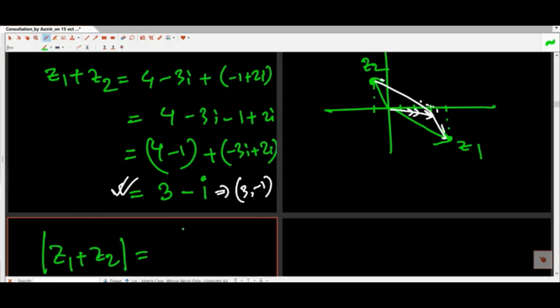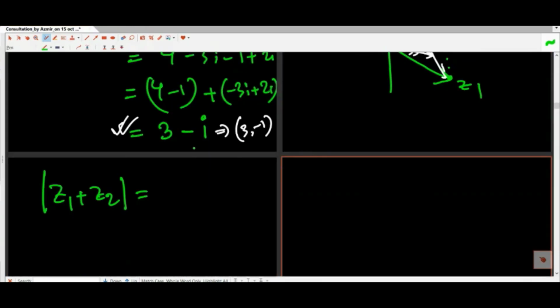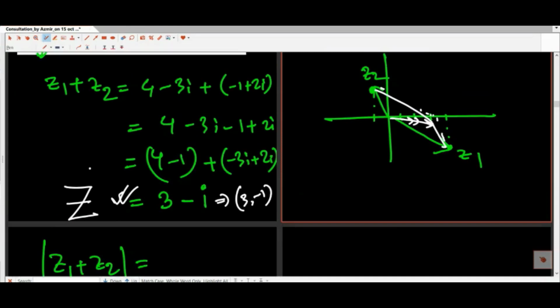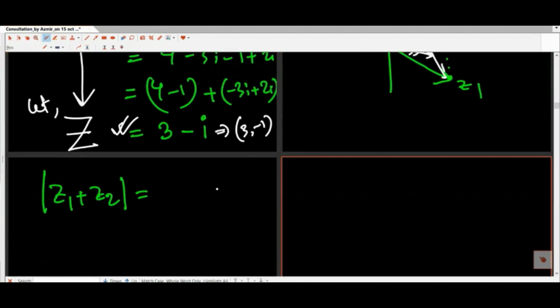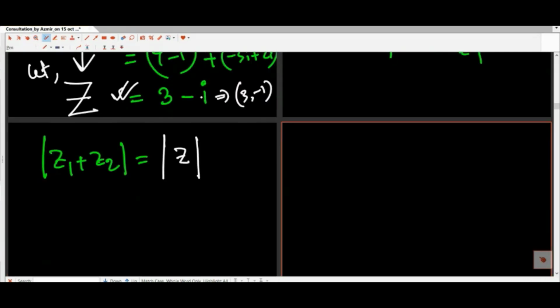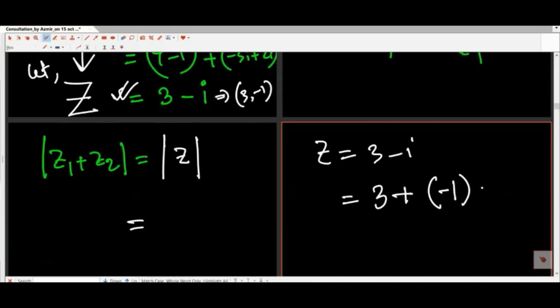Where Z equals 3 minus i. Comparing with the standard form, we have 3 plus negative 1 i.